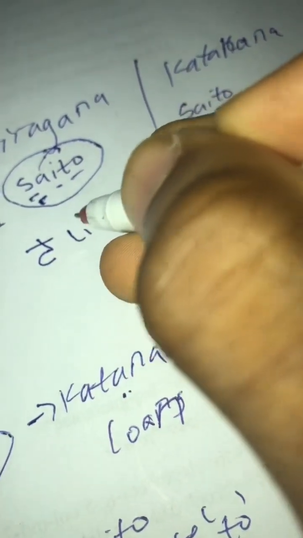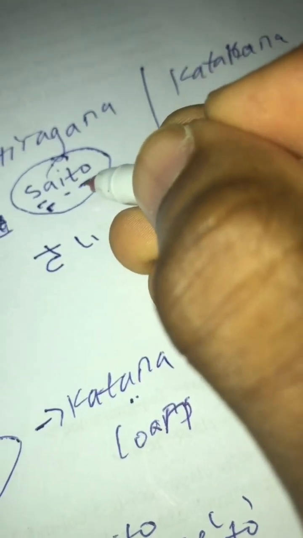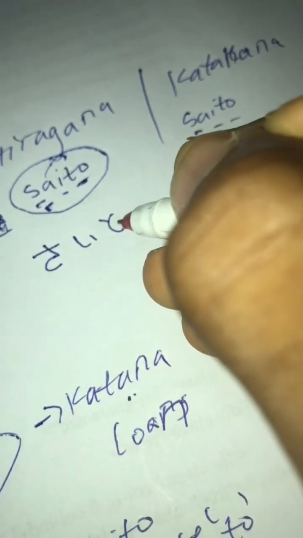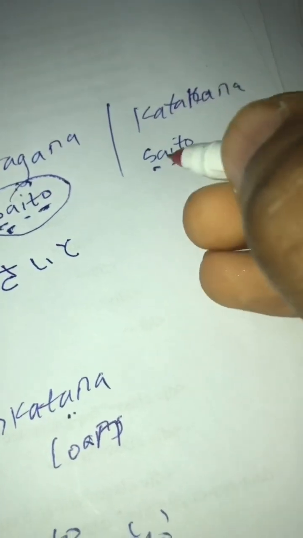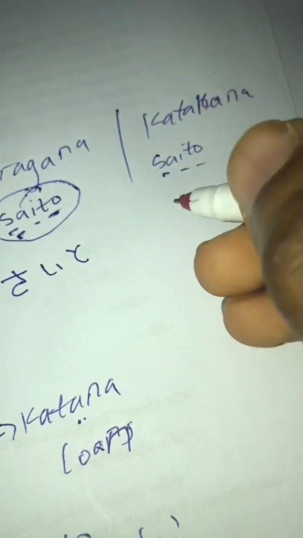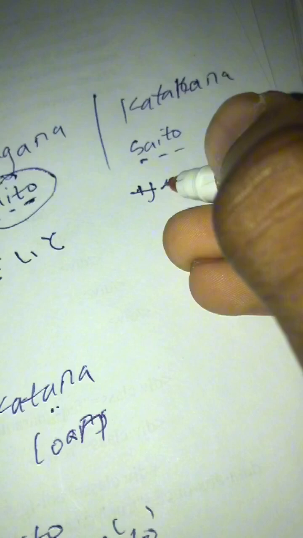The character for "i" in hiragana is this. Then "to," the character for "to" in hiragana is this. If you wanted to spell it in katakana, it's still the same thing but different spelling. The character for "sa" in katakana is this. "Sai," then "to."